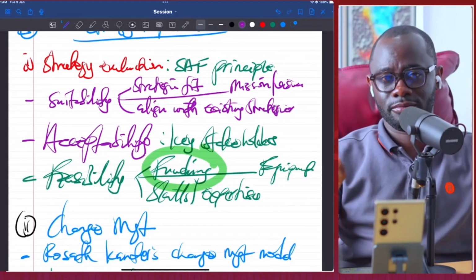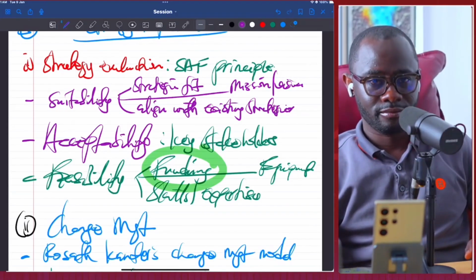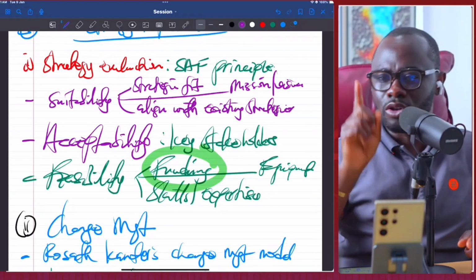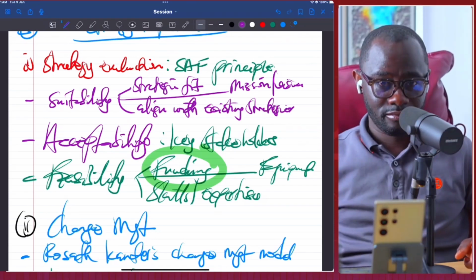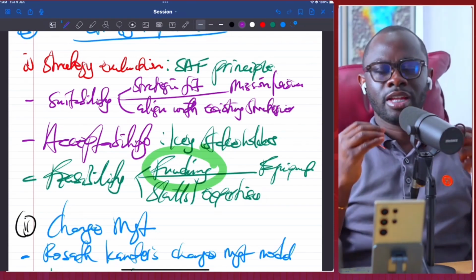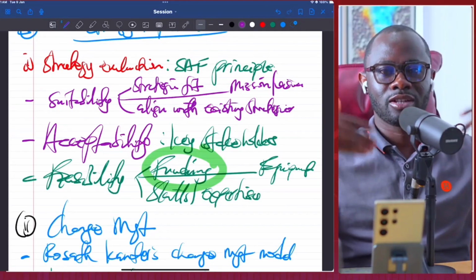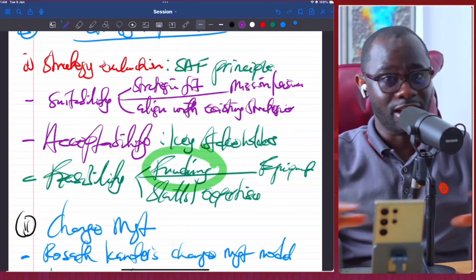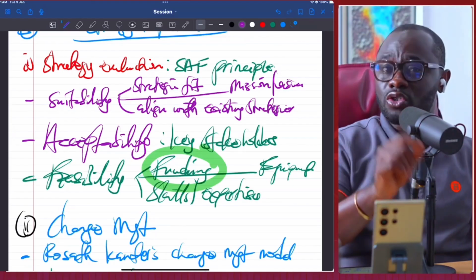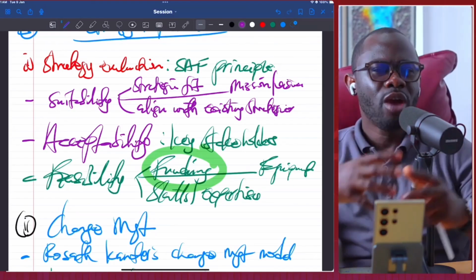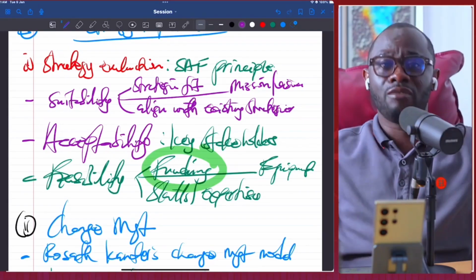Please note, there is a 90% probability that in the exam hall, you're going to apply this principle indirectly. Because if the examiner asks you a question about strategic choices, the way you answer the question is to write out the alternatives available.